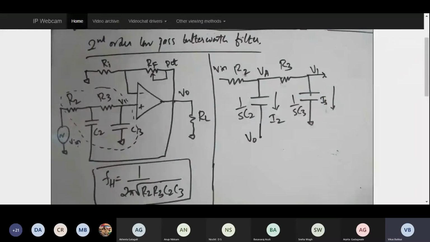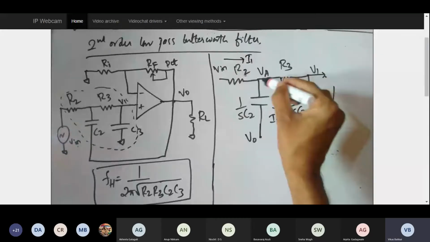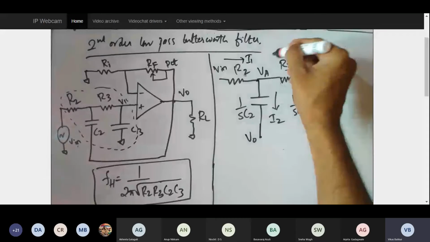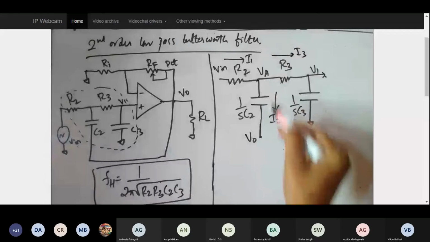So let's try to calculate the voltage across this capacitor C3. Now before that, let's try to apply Kirchhoff's current law. So let me call this current I1, which is entering the node VA. Let me call this current I3, and this is my current I2, right?